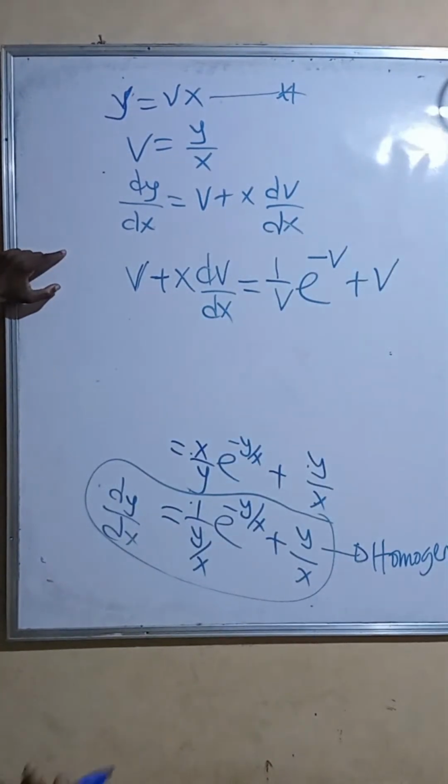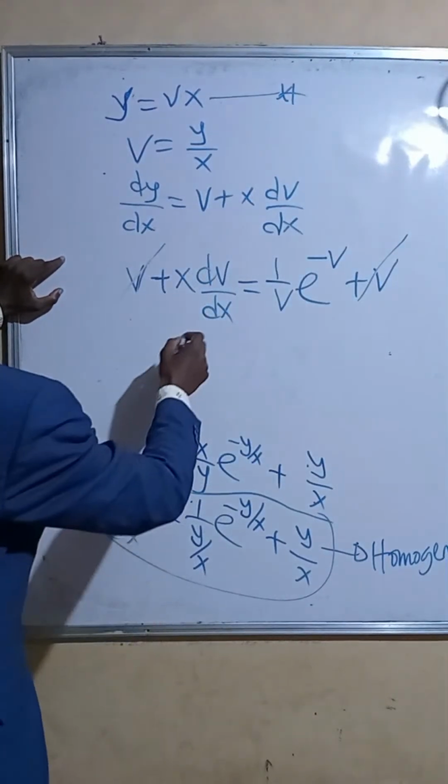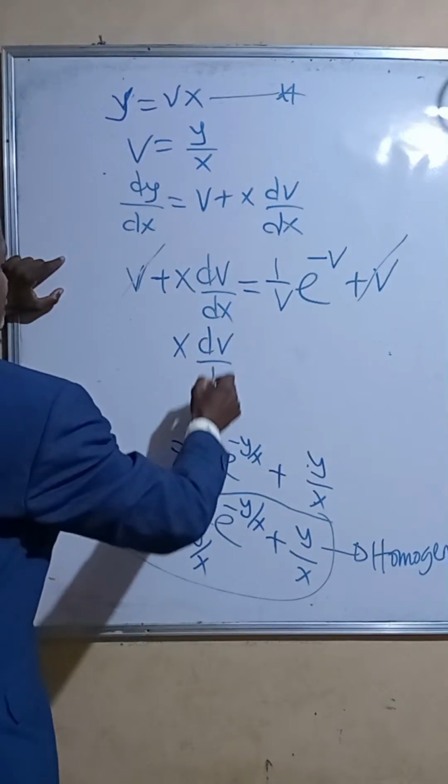Now you make your substitutions, this and this we cancel. Then we have this one, x dv/dx.